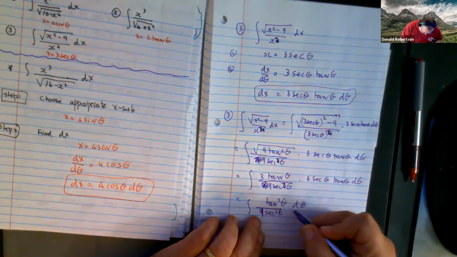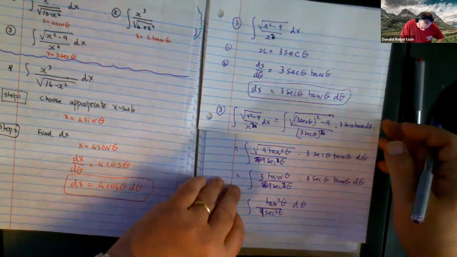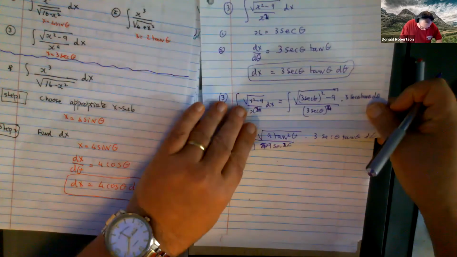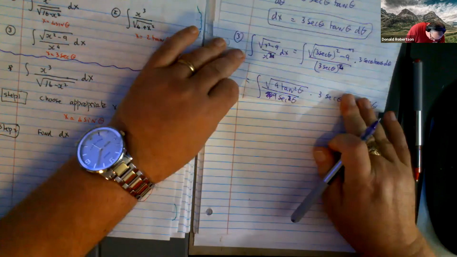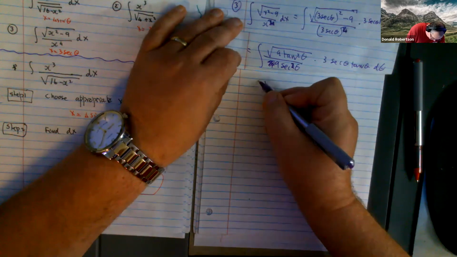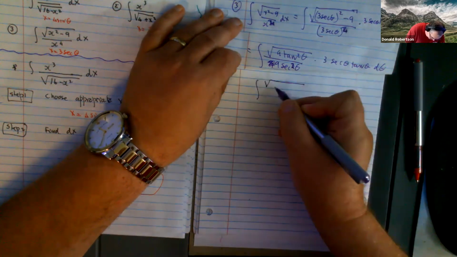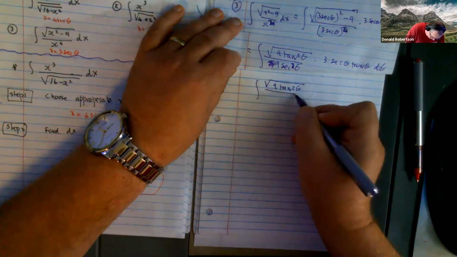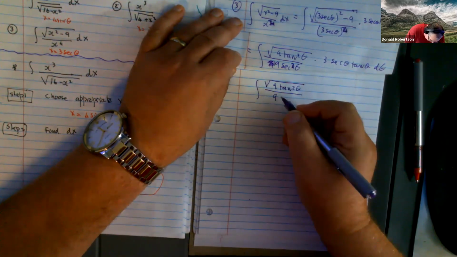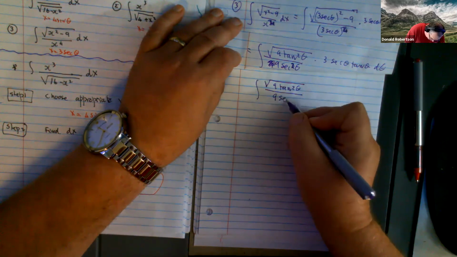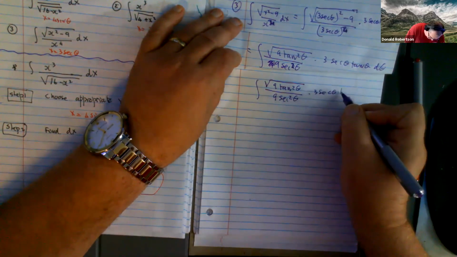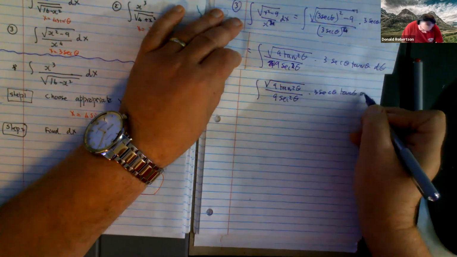And well, let's take it one back. So let's imagine we got to the line that looks like this. 9 tan squared theta over 9 secant squared theta, 3 secant and a tan and a d theta, right?